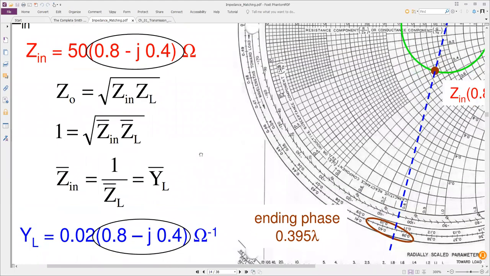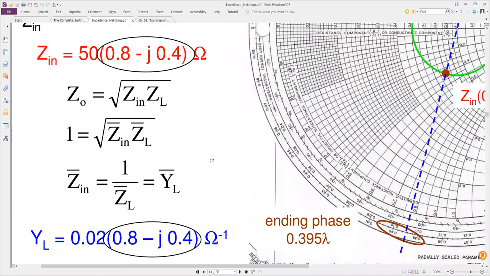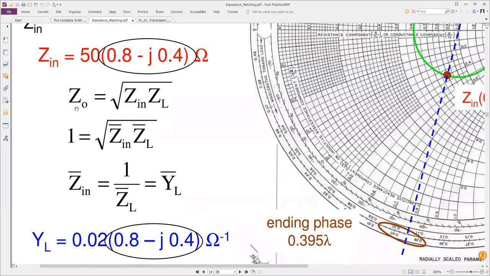So how do you get the admittance? Z0 is equal to the square root of Zin times ZL. So if it is 1, Y1, the normalized value, because if you divide by Z0, then you get the normalized values of Zin and ZL. So Zin is the square root of 1 times ZL, or Zin is equal to 1 over ZL.